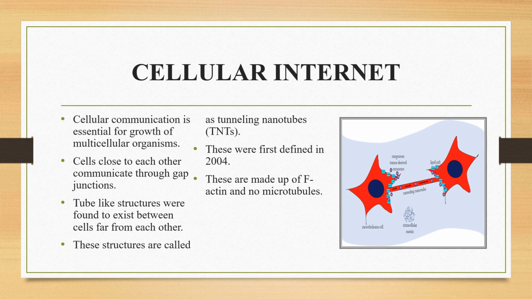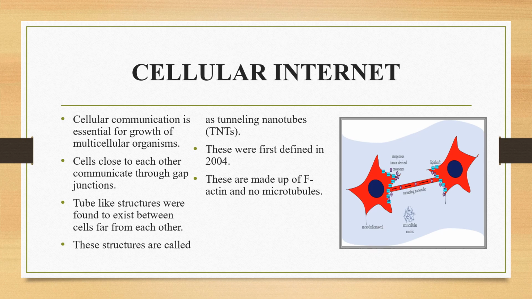Basically, there are two types of communication connections existing between the cells. The first one is small connections and the second is large connections. Small connections exist between the neighboring cells and the larger connections exist between the distant cells.